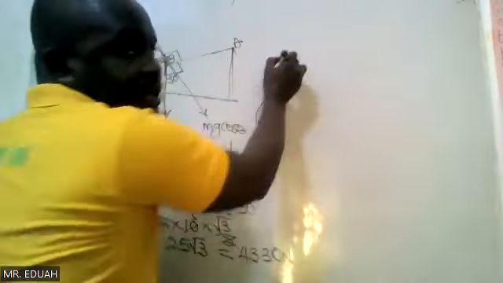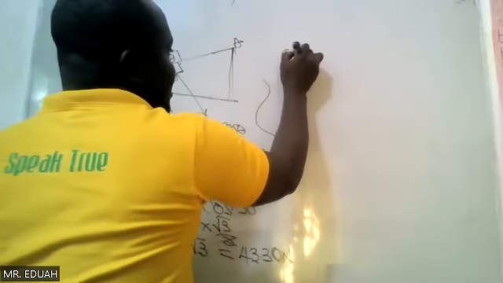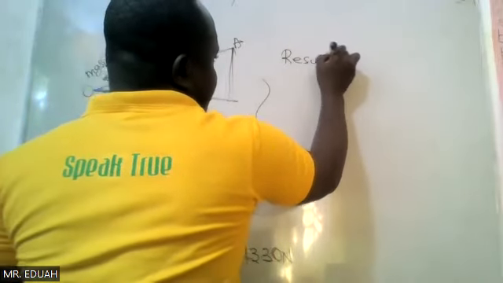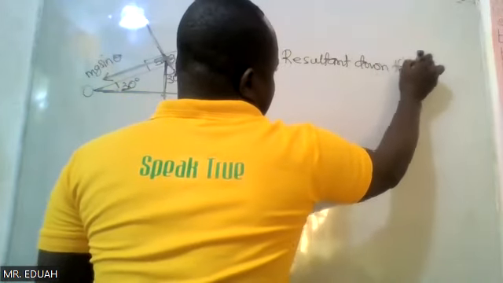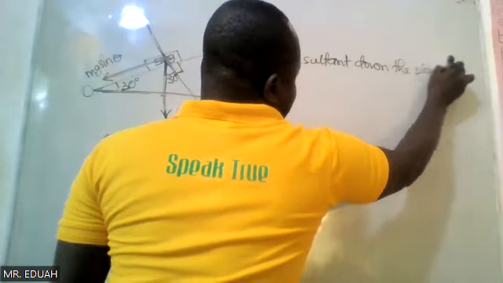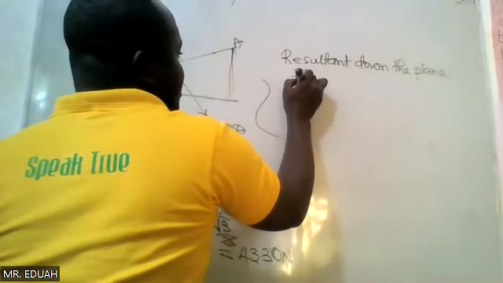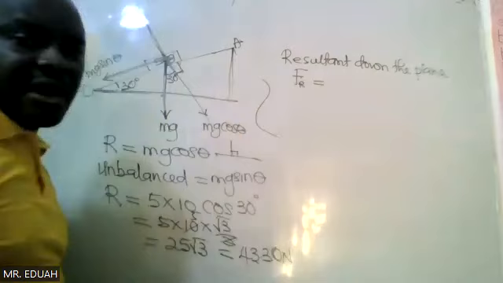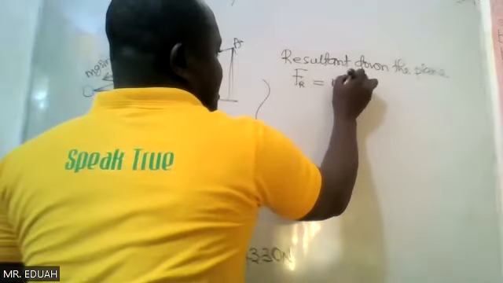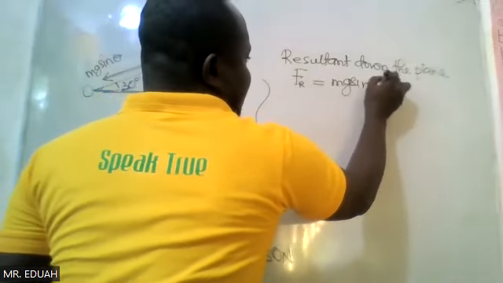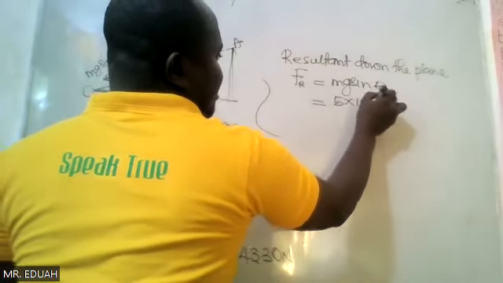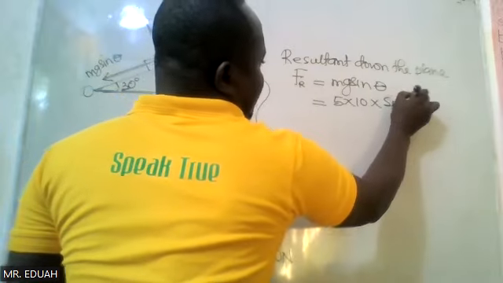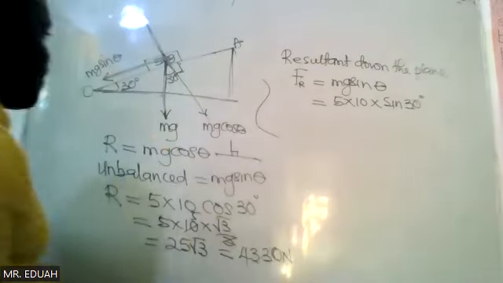Okay, so the resultant force acting down the plane, let's shorten it as F subscript R, is mg sin theta. 5 by 10 by sine of 30 degrees.